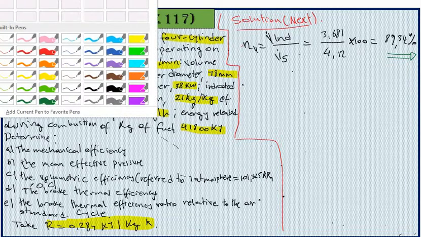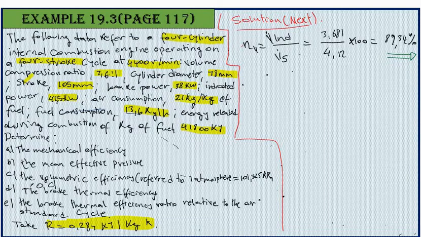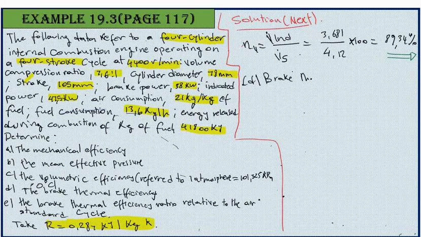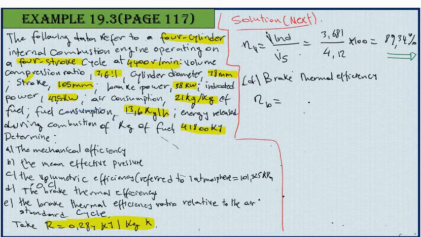It is symbolized by NB, which is the ratio of the brake power divided by the energy of the fuel.